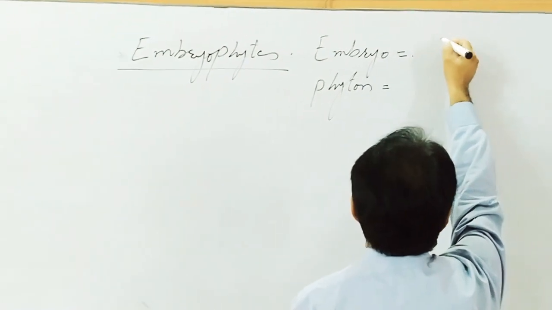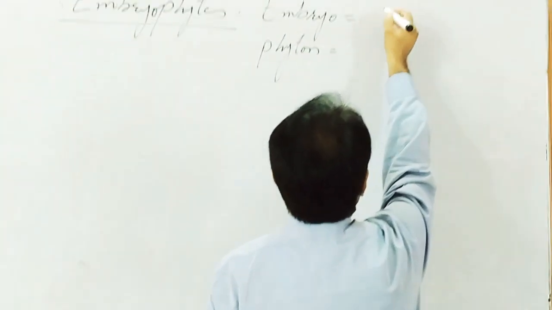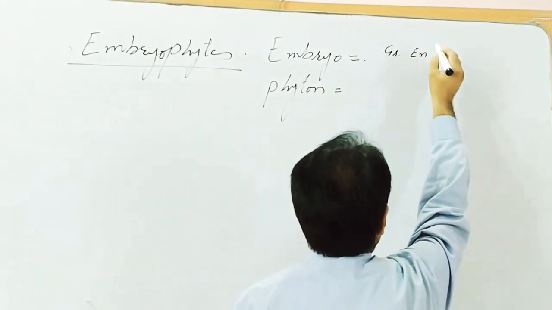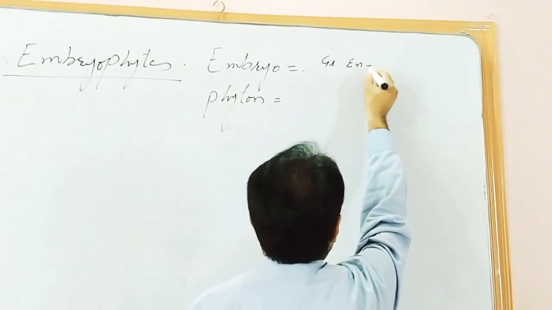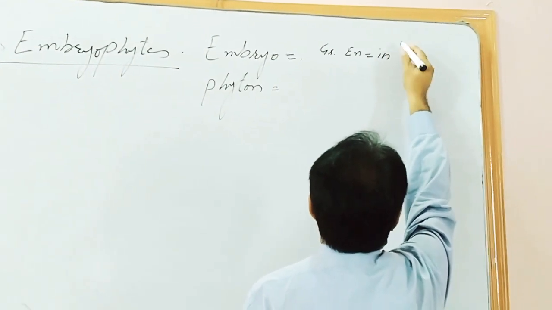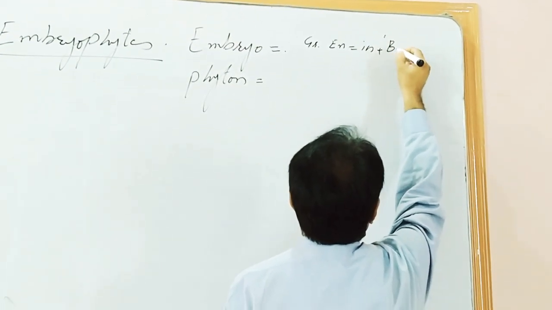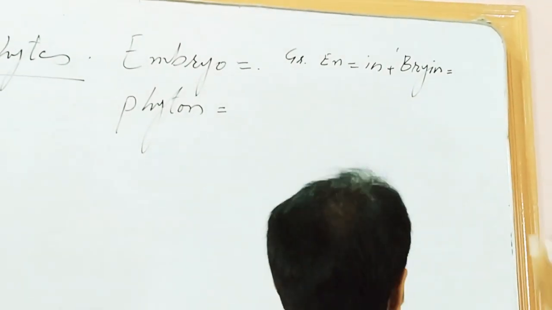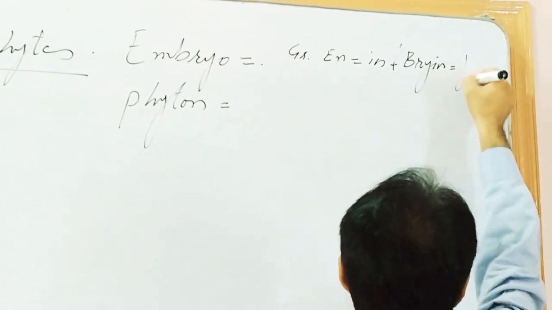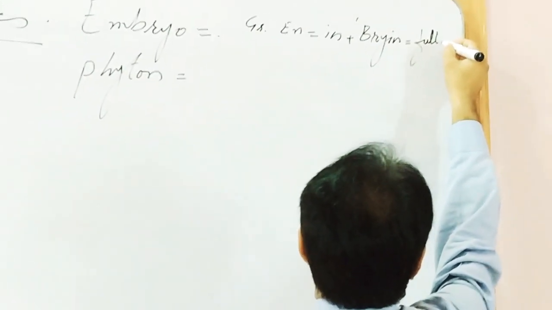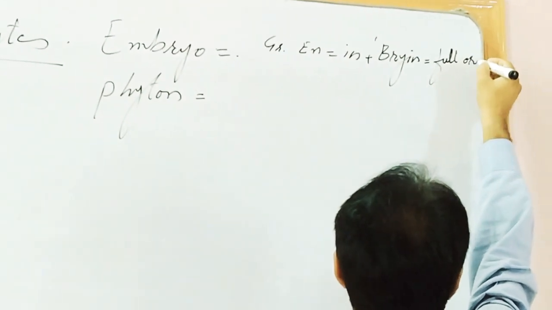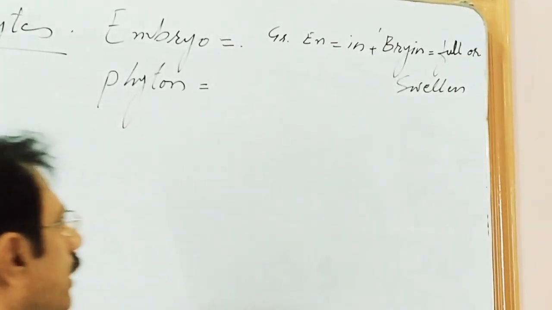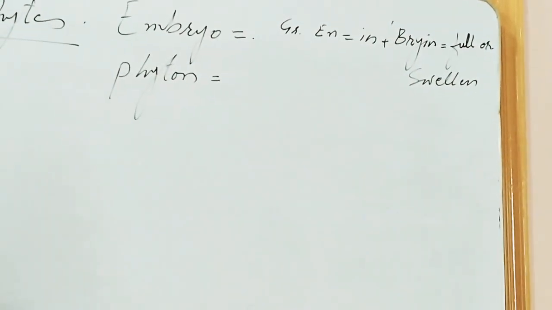Embryo is taken from the Greek words en, meaning in, and bryein, meaning full or swollen.